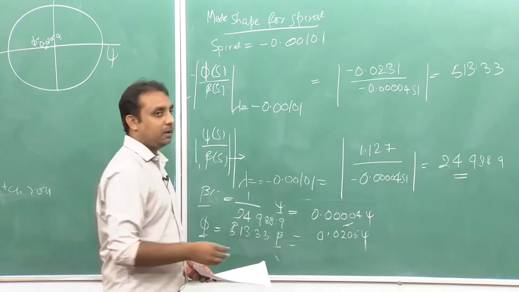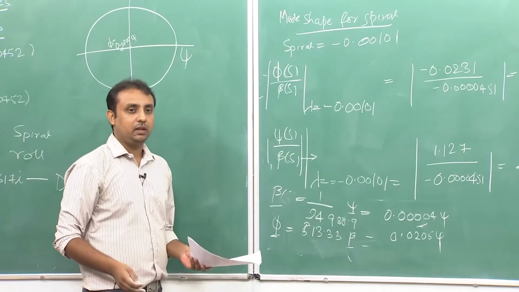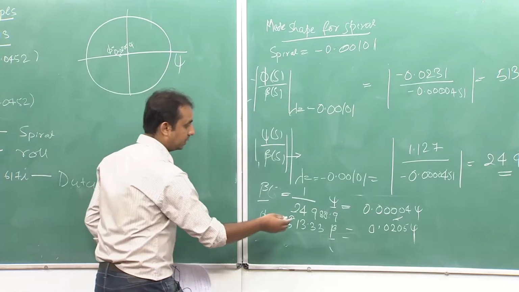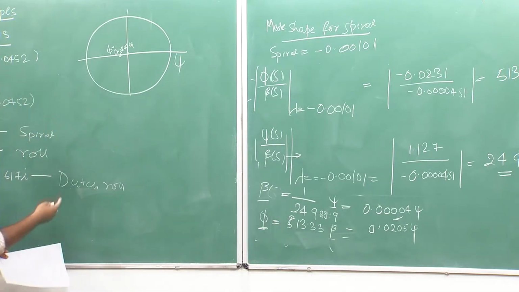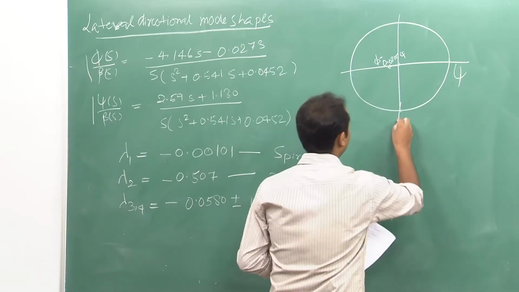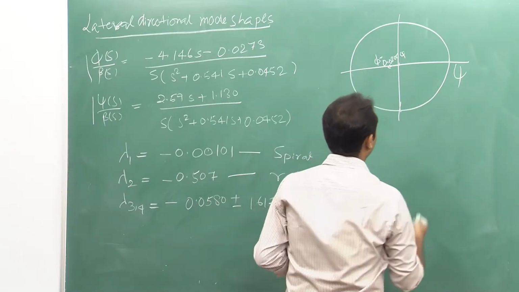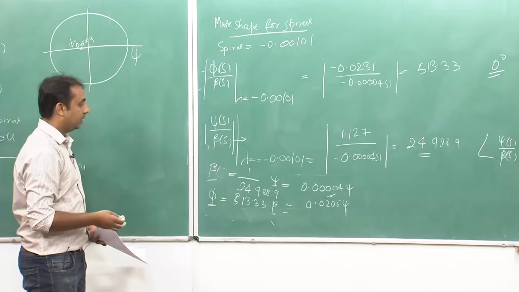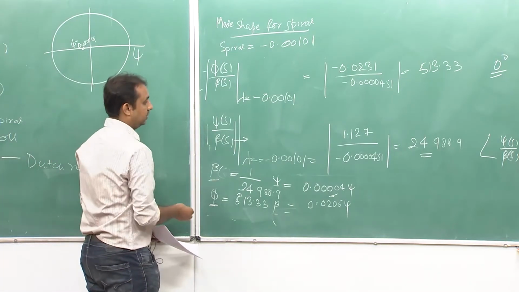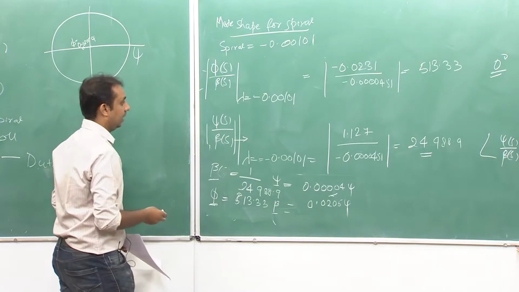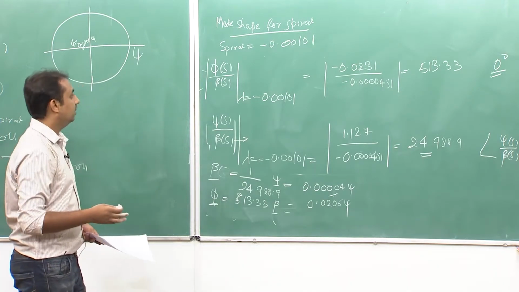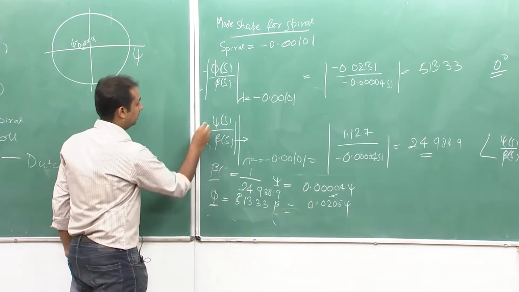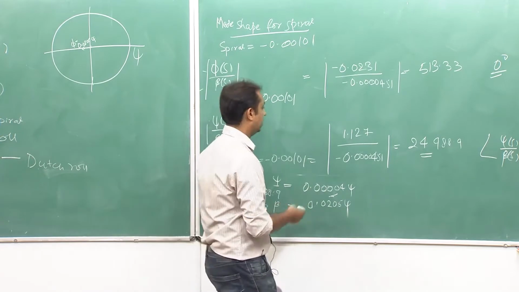So beta or side slip angle plays a very insignificant role in spiral mode, and as you can see, the relation between phi and psi is 0.025 with phase difference of 180 degree. So it can be plotted as seen in spiral mode. We can infer that beta is very small since the ratios are very large, so you can neglect that, and spiral mode is majorly concerned with your heading angle, since the ratio of psi(s) upon beta(s) is very large.